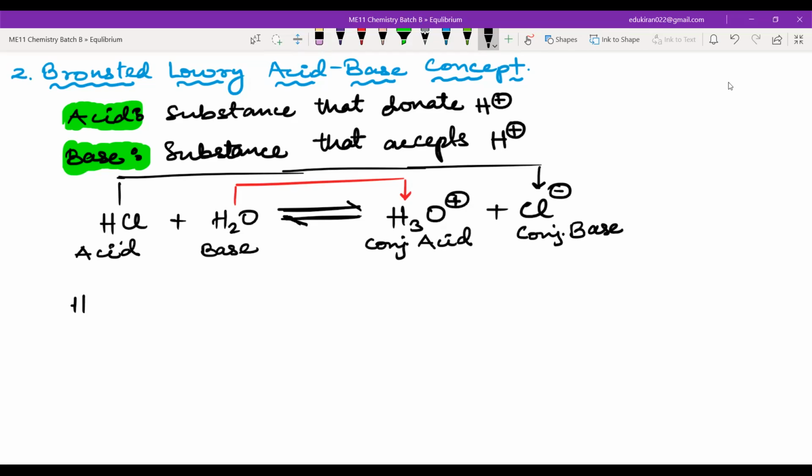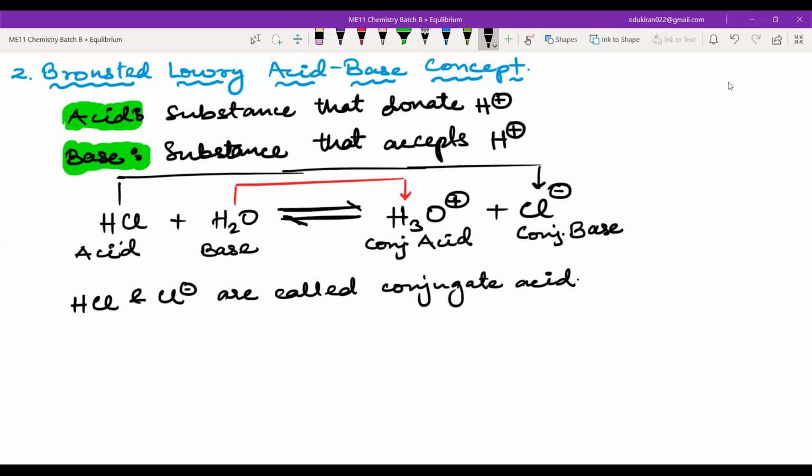And HCl and Cl negative together are called conjugate acid base pairs.